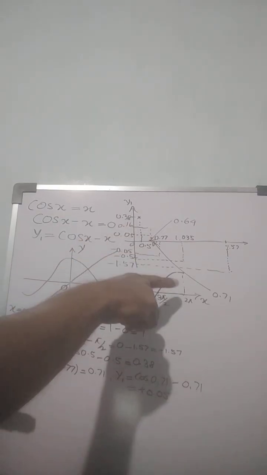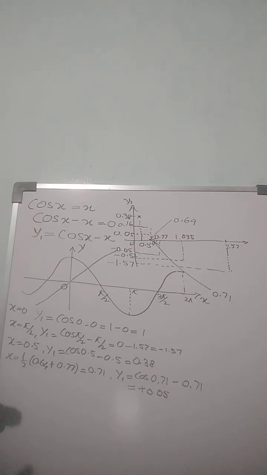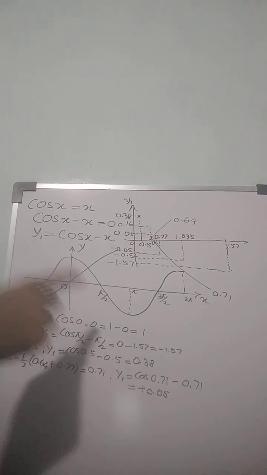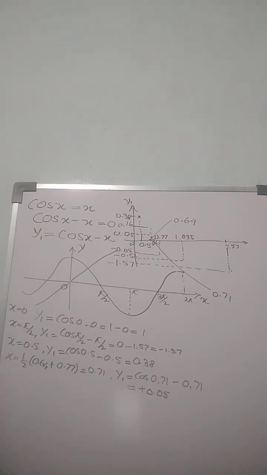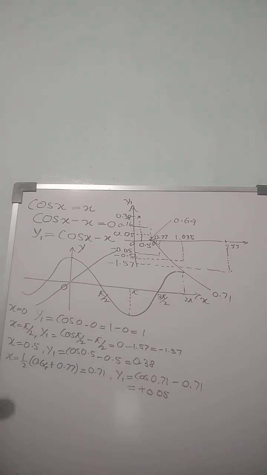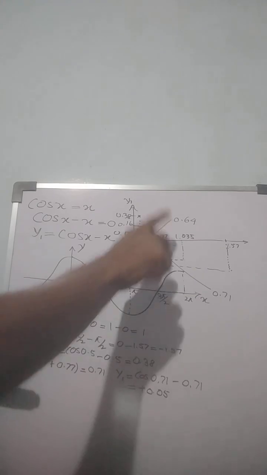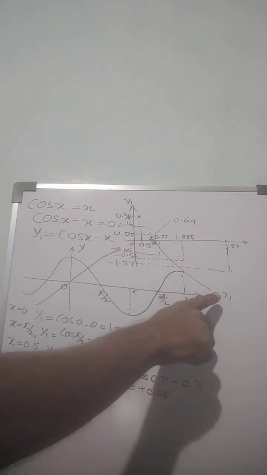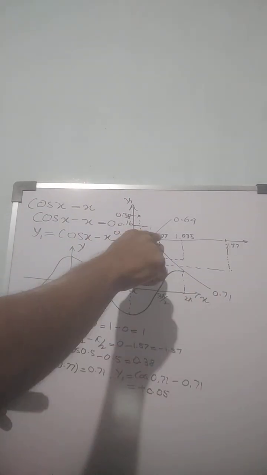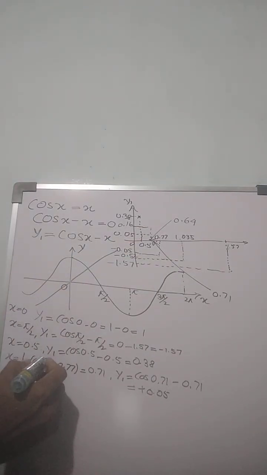So the new value is in between 0.71 and 0.77. Why? At 0.71 it is 0.05, and at 0.77 it is minus 0.05. Therefore, we can find the midway of 0.71 and 0.77.